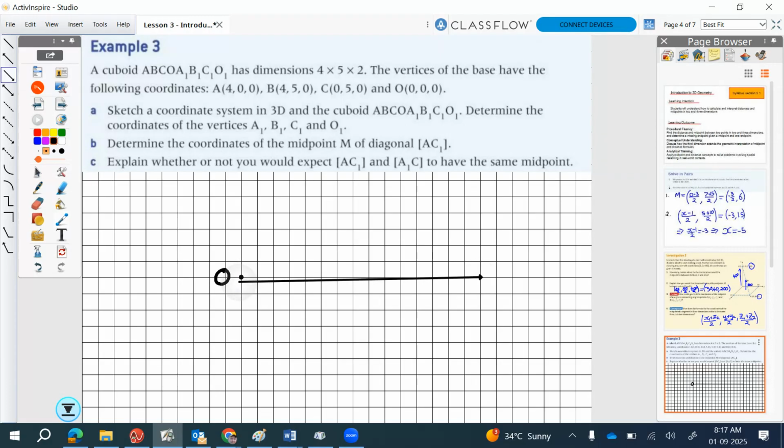I'll do my x-axis coming in this direction. And then my vertical z-axis going up in this direction. So these are my coordinate axes. If I count along the x one, the number of diagonals, we've got 1, 2, 3, 4. So this here would be point A.